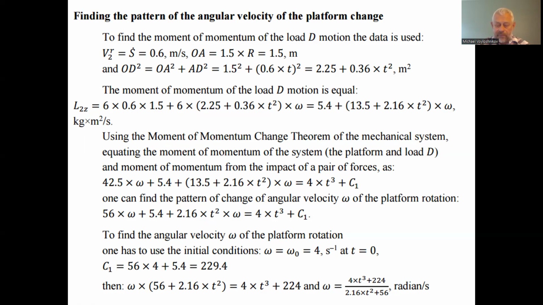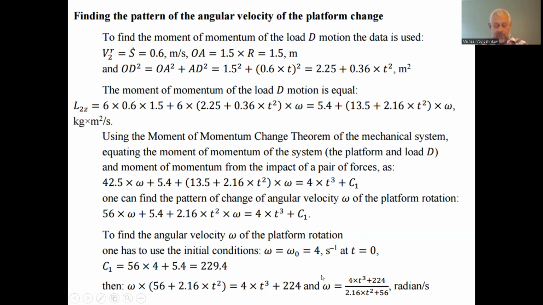We will have a relatively complex dependence of the angular velocity equal to the ratio: in the numerator we have 4 multiplied by t power of 3 plus 224, and divided by the denominator 2.16 multiplied by t squared plus 56, radians per second.